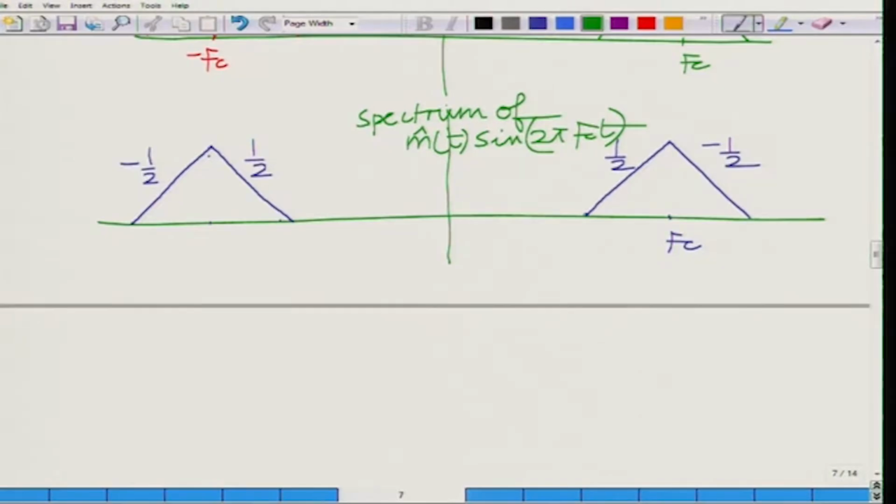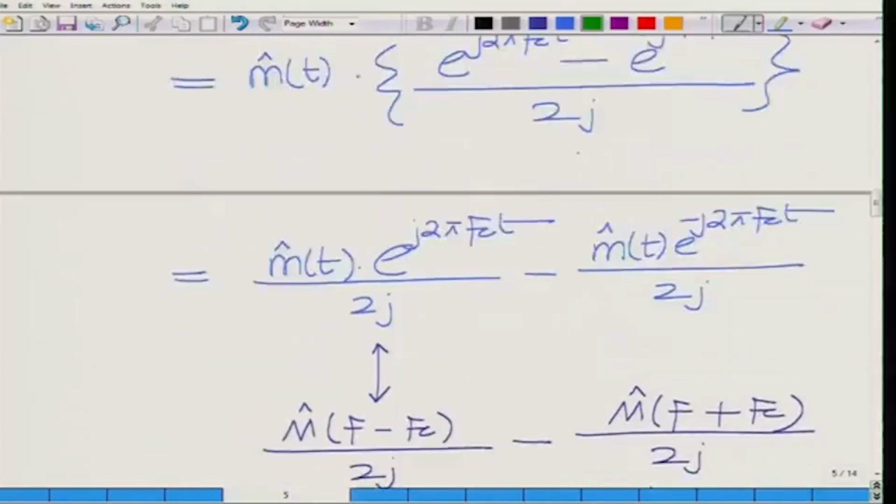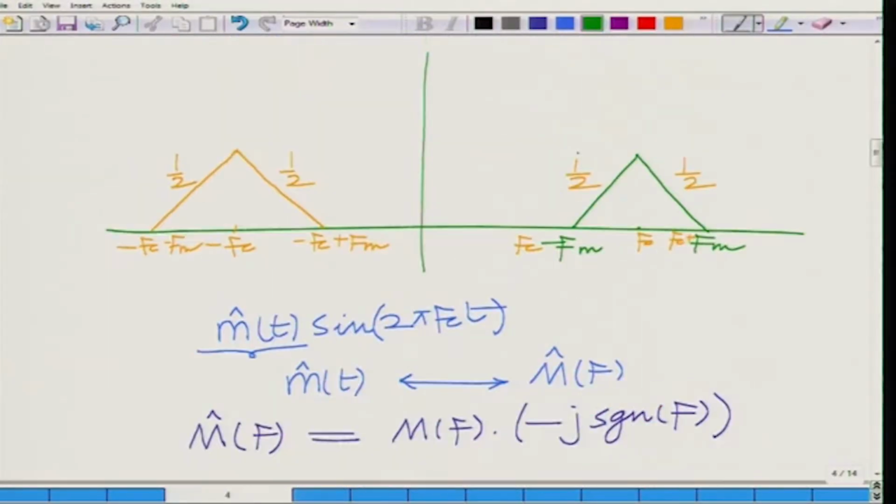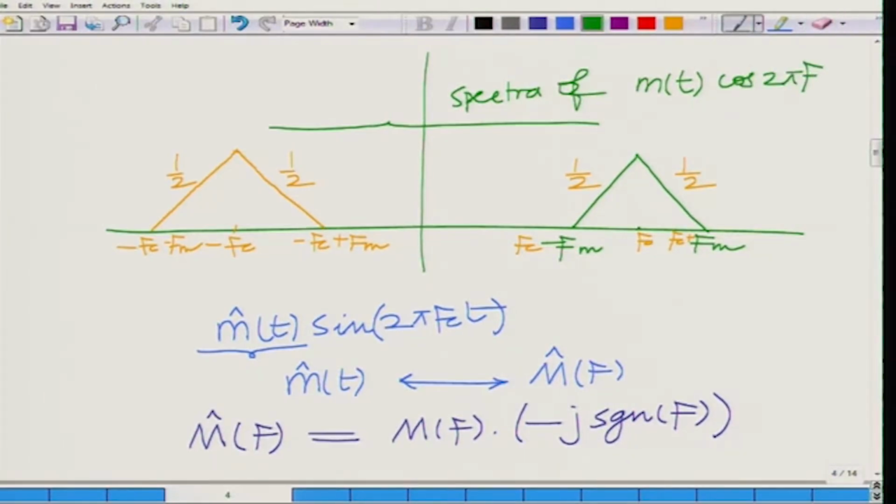Now, the spectrum of m t cosine 2 pi f c t minus m hat t sin 2 pi f c t is the subtraction of the two spectra that are derived above. Remember, this is the spectrum of m t cosine 2 pi f c t.